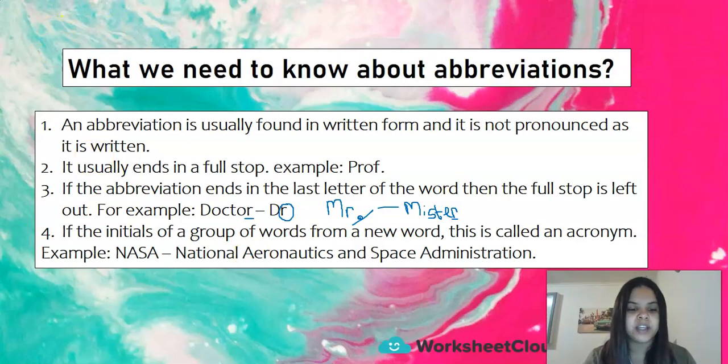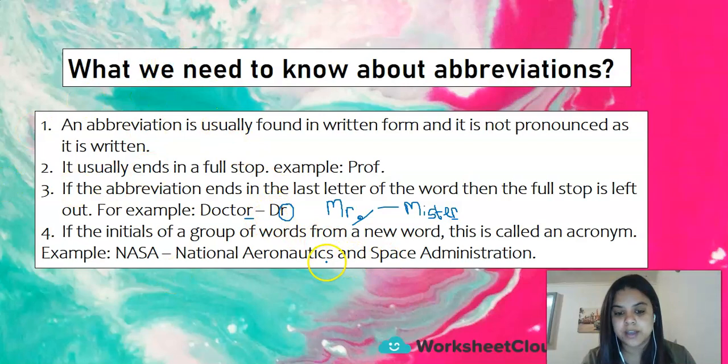So what they've done is they've basically taken the beginning letters of each of the words here, like National Aeronautics and Space Administration. As you can see, they have not used the and over here, okay?